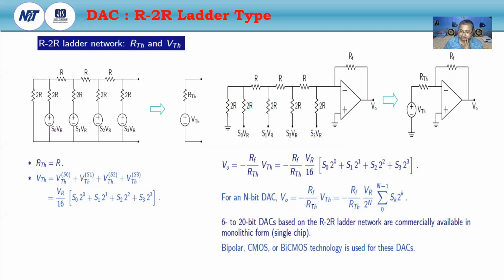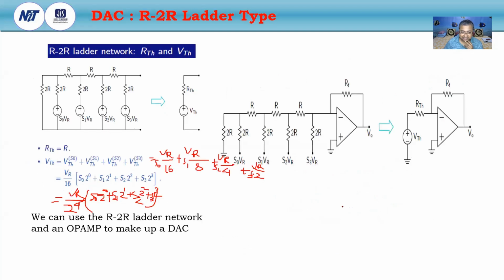So we can write V0 is equal to minus RF by RTH into VTH, where VTH is the n-bit summation, that is VR by 2 to the power of n, summation of k is equal to 0 to n minus 1, Sk 2 to the power of k.